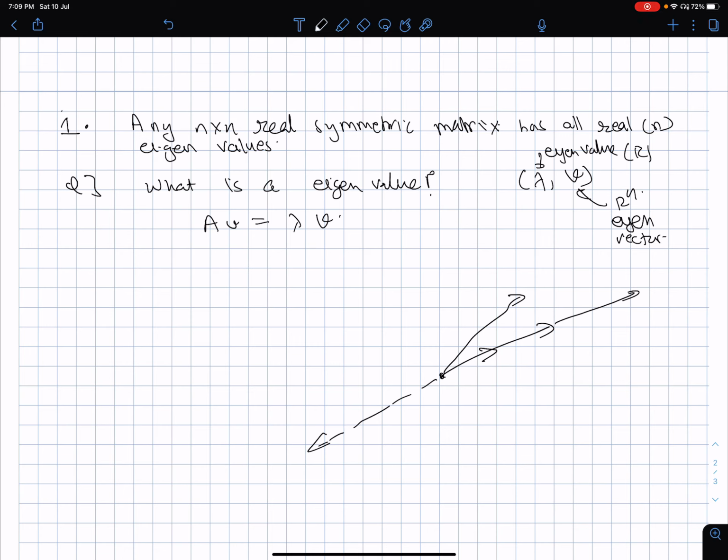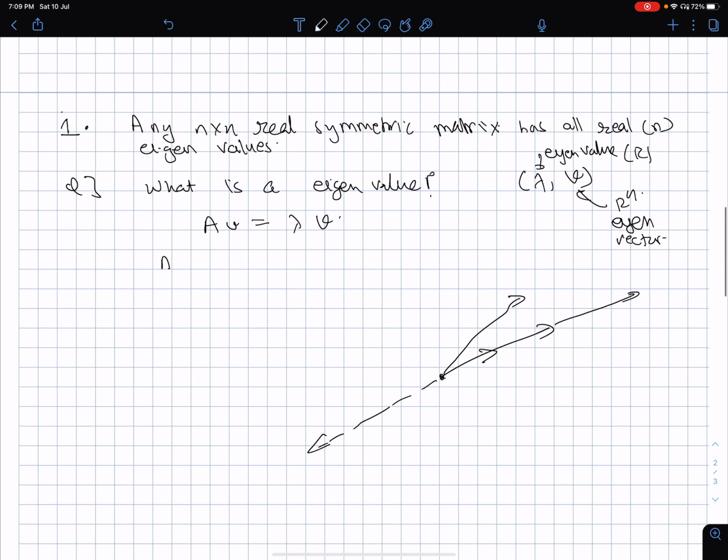There is no angular shift in the sense of shifting by 30 degrees and then scaling by a factor of 5 or something like that. Direction remains the same. 0 degrees or 180 degrees is the same direction here, but the length may get altered, and so you get Av equals lambda v. Vectors which satisfy such a characteristic are called eigenvectors, and the corresponding scaling factor is called the eigenvalue.